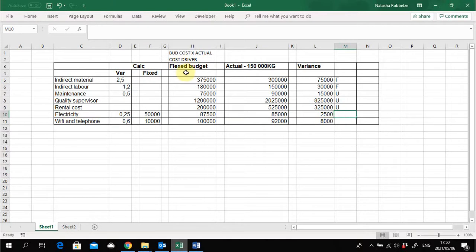If I look at the budget for my electricity, I was allowed to spend 87,500. I actually spent 85,000, so therefore I saved money and it is favorable. If I look at the Wi-Fi and the telephone account, I was allowed to spend 100,000. In actual fact, I spent 92,000. Therefore, I saved 8,000, and that is favorable.